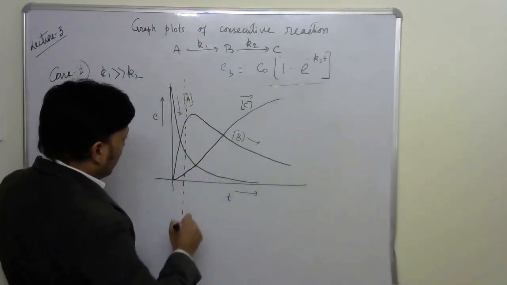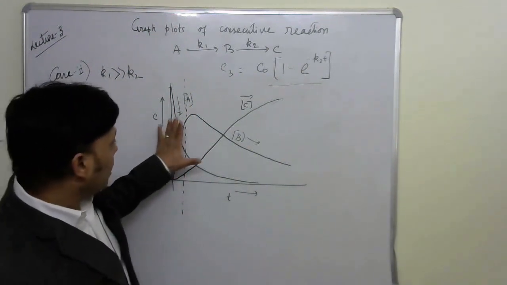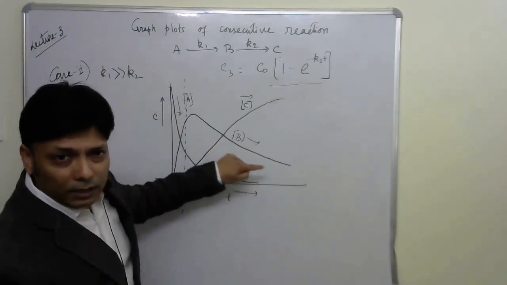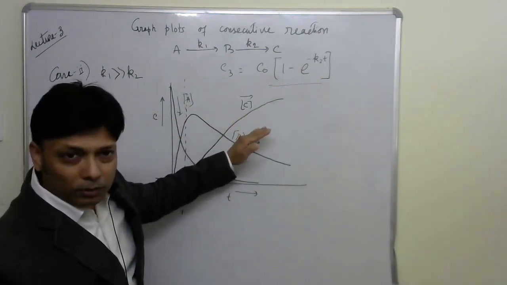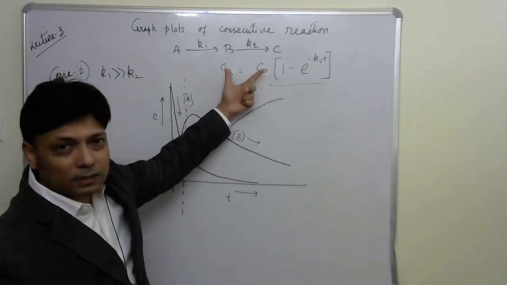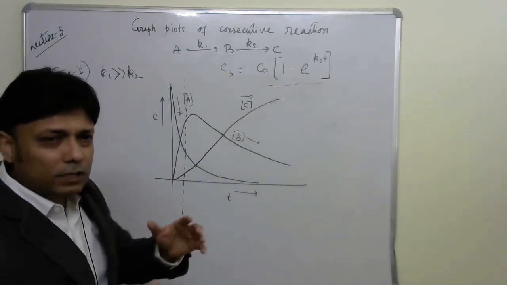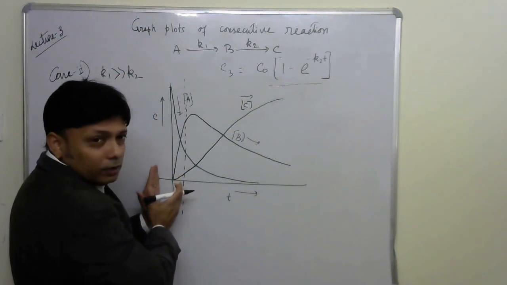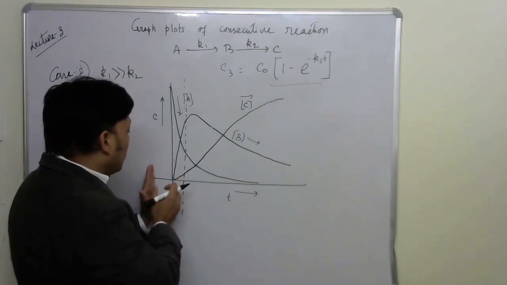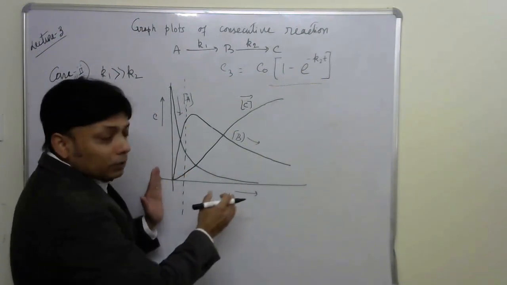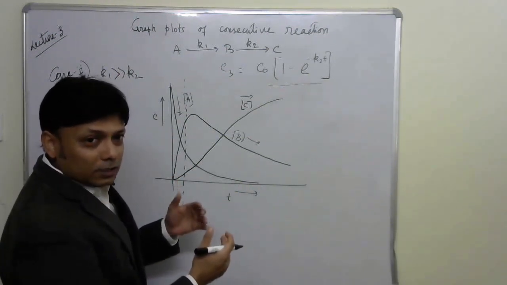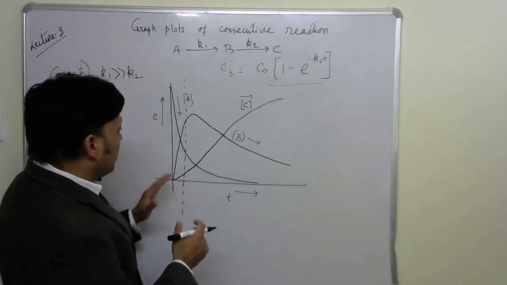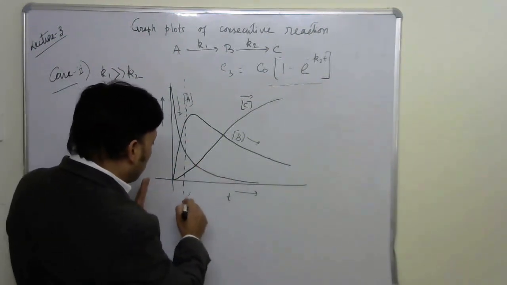If we look beyond this dotted line, it would appear that the reaction is mostly B getting decayed and C getting formed. That means this is basically the second step, because the first step is so fast, so rapid, that it actually gets over well before the reaction actually starts. So from an outsider it would appear as if the entire reaction is governed by this portion.